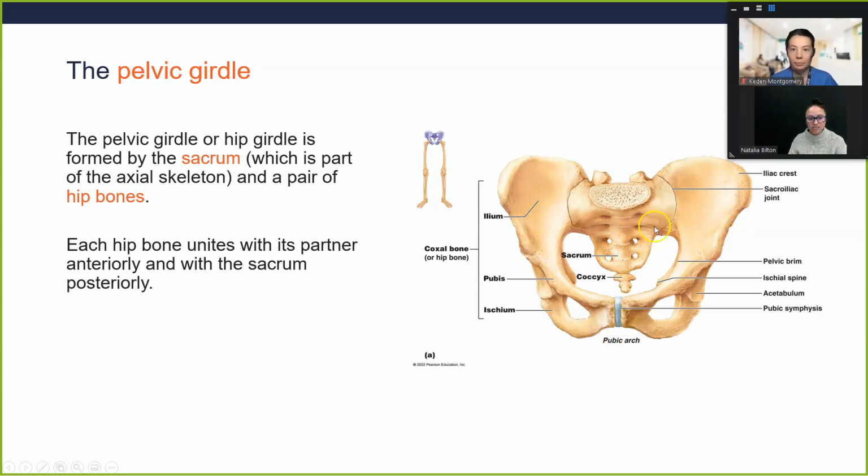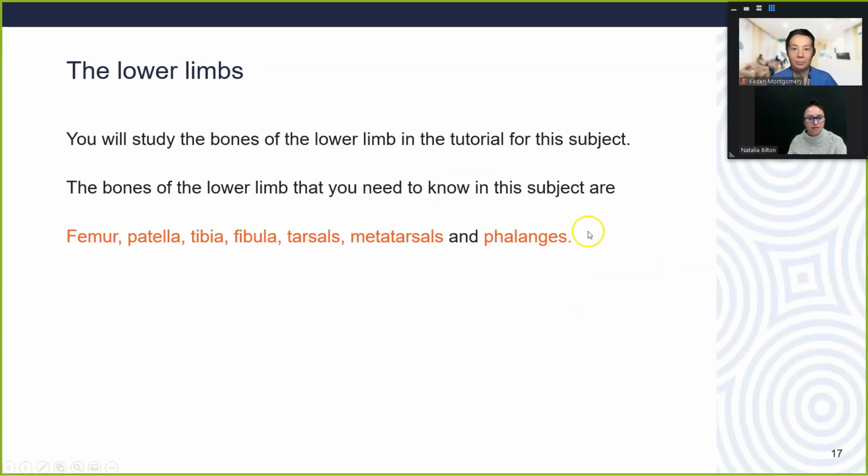Each hip bone aligns with the sacrum, which is the end part of your vertebral column or your spinal column. The lower limbs, we're going to do that in the tutorial. So make sure you add that information into these lecture notes in the tutorial.